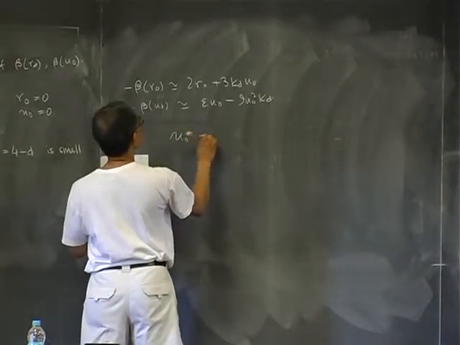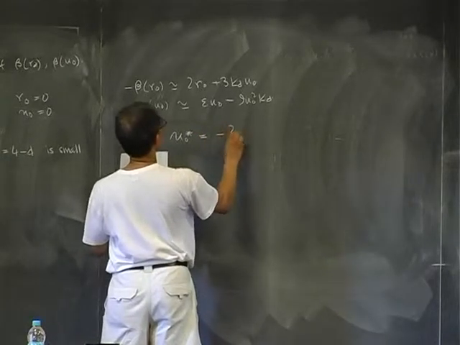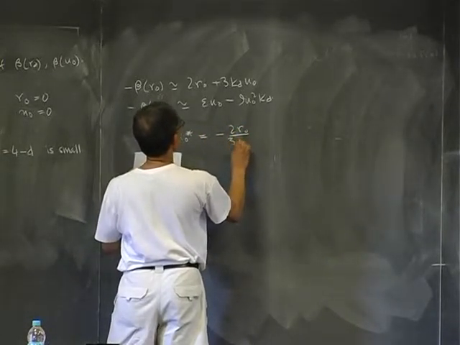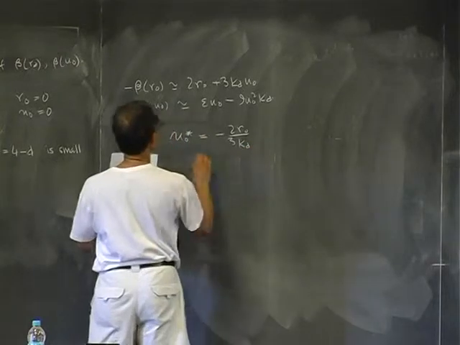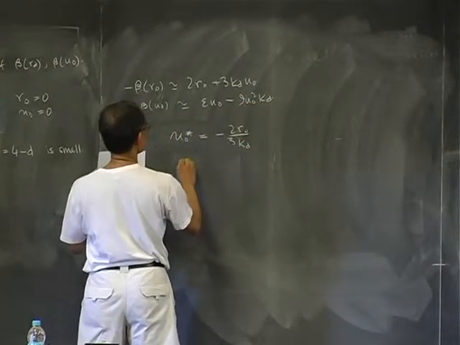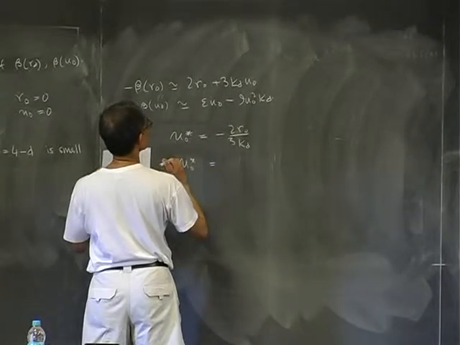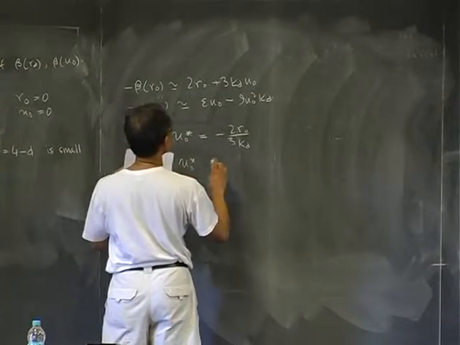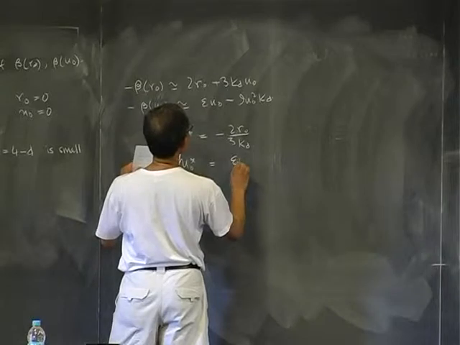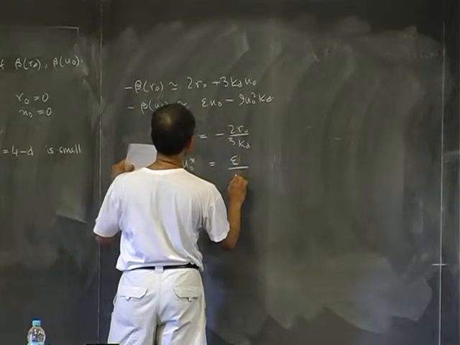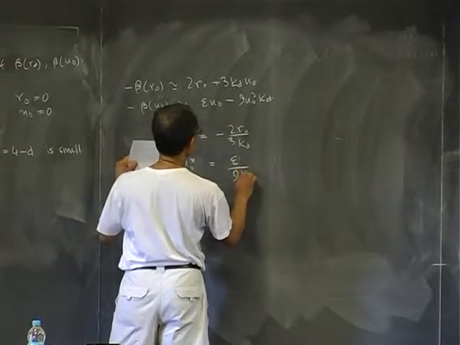U naught star must be minus 2 R naught by 3 kd, whereas the other equation tells you that U naught star also has to be equal to epsilon by 9 kd.